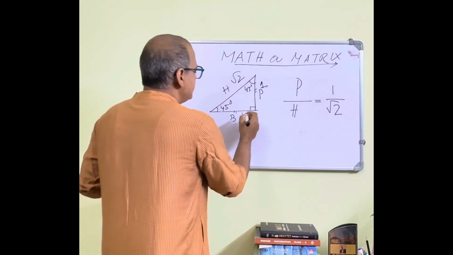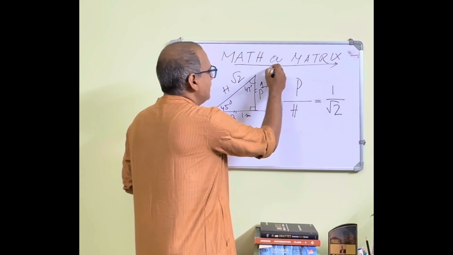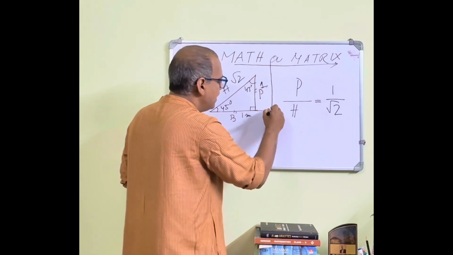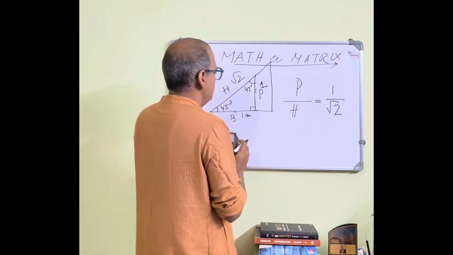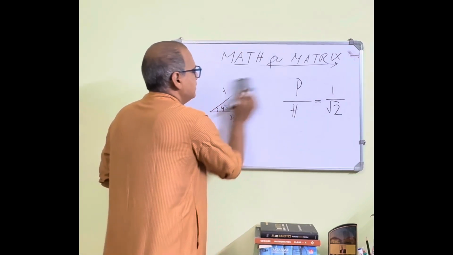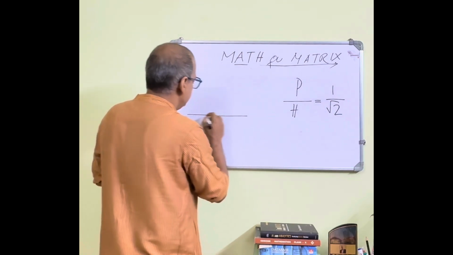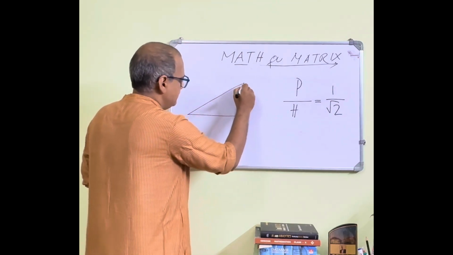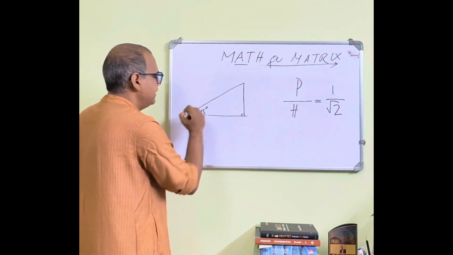Now I'm just making this right angle triangle a bit larger. I'm extending. So let me draw it again. I'm taking a bigger right angle triangle. This is 90, keeping this 45 degree.